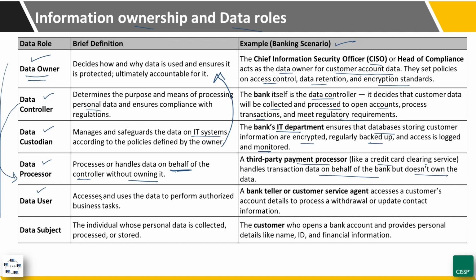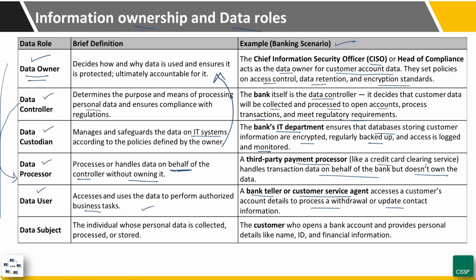Next one is the data user. The user basically accesses and uses the data to perform authorized business tasks on the data. And what is an example of a data user in our banking example? A bank teller or customer service agent accesses a customer's account details to process a withdrawal or update contact information.